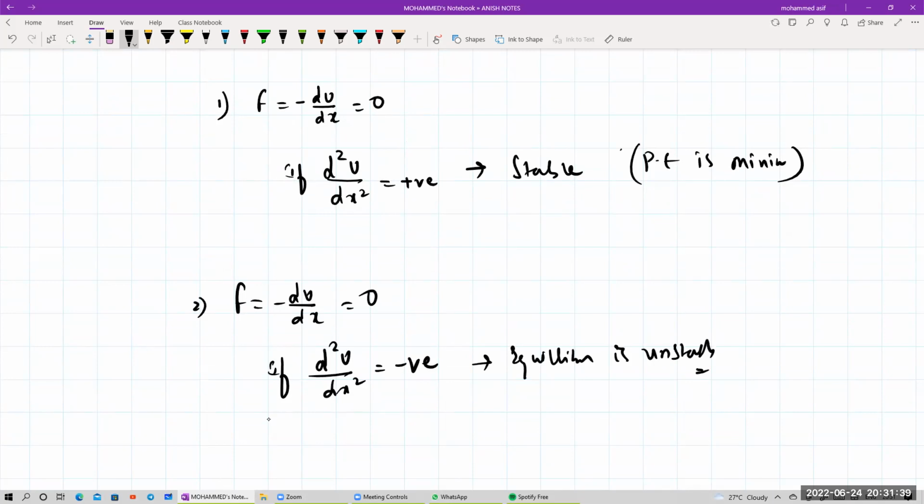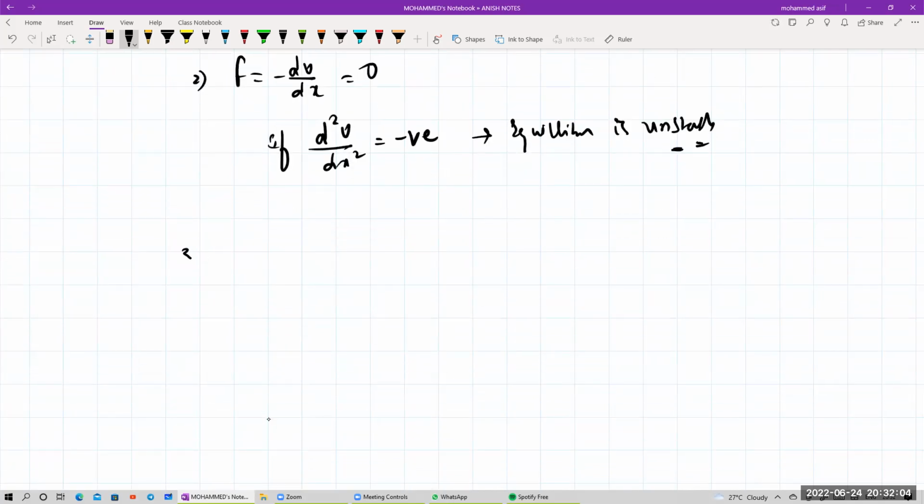Yes, sir. So for stable equilibrium, first you equate minus dU by dx to 0, then do the double differentiation. If the answer comes out positive, it will be stable. If the double differentiation comes out negative, it will be unstable.